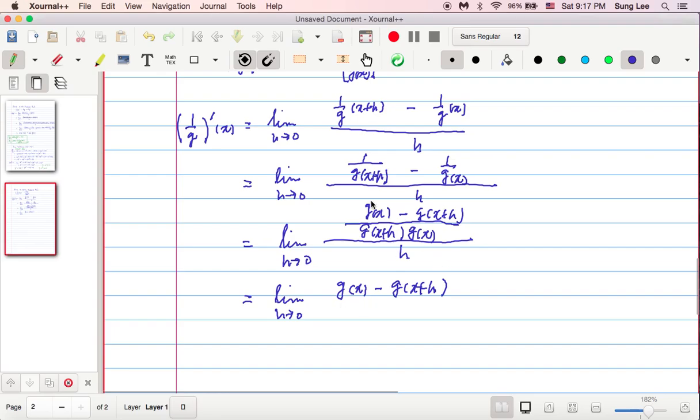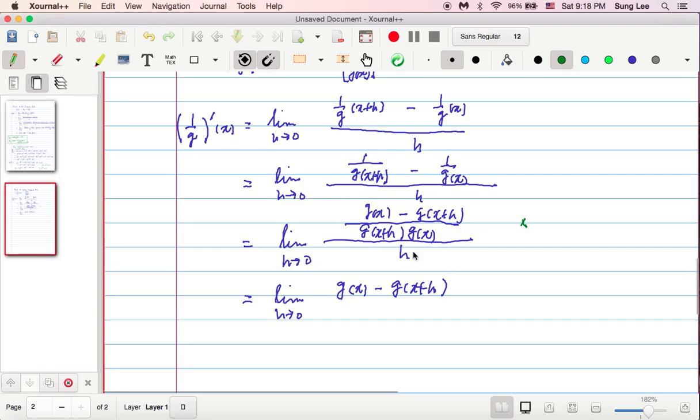this has a fraction inside the fraction, right? It looks complicated, but it is not. So how do we simplify this? Well, all you have to do is multiply.